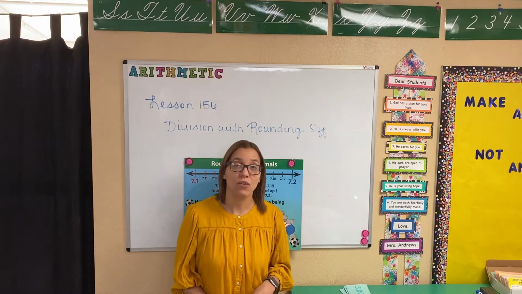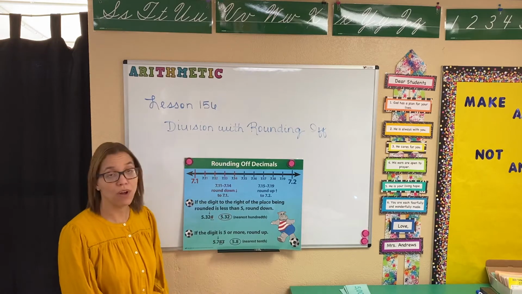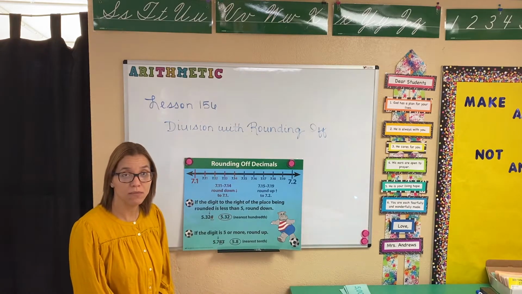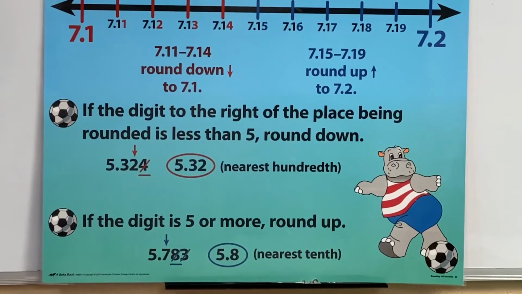Now we are going to review our rules on how to round off decimals. It says rounding off decimals. If the digit to the right of the place being rounded is less than 5, we round down. If the digit is 5 or more, we round up.